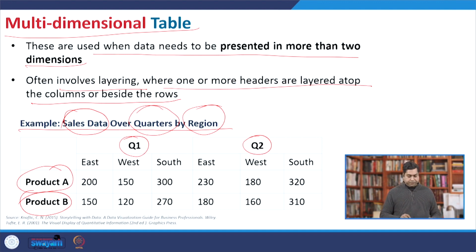So, if in quarter 1 you have 200 product A sold, you have another piece of information in quarter 2. There is an increase of 30 from quarter 1 to quarter 2 in the same zone. So, you can represent this case through this table, where you have multiple pieces of information. That is why it is a multidimensional table.